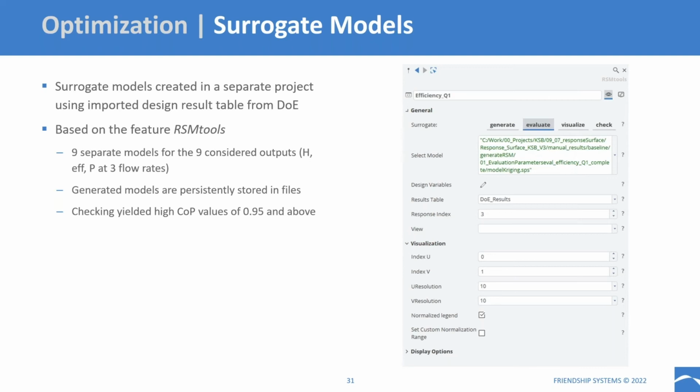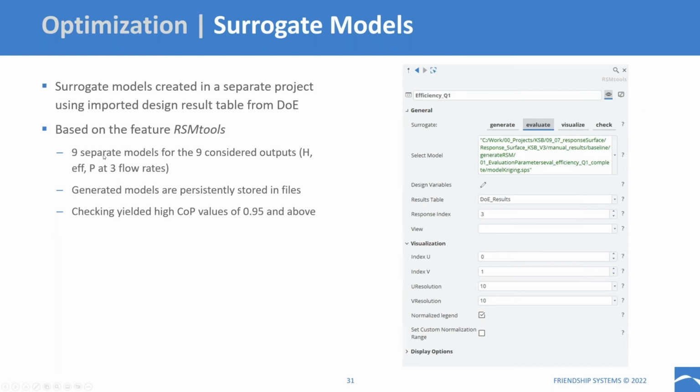There are also other options like an artificial neural network or different polynomial approaches. And then, you can evaluate the model. So you can create a combination of parameter values, which are the geometry parameters in our case, and get the output values, so the prediction from the surrogate model for our objective values.